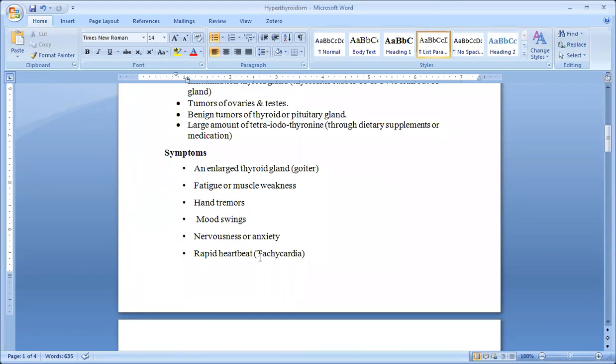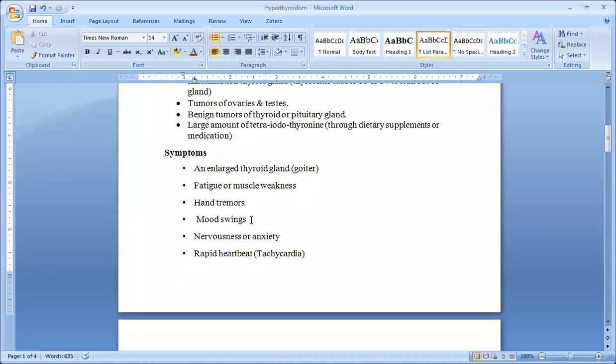Now symptoms. Many symptoms are there. We see an enlarged thyroid gland, which we call a goiter, at the front of the neck region. Fatigue or muscle weakness. Hand tremors, shaking of the hand.